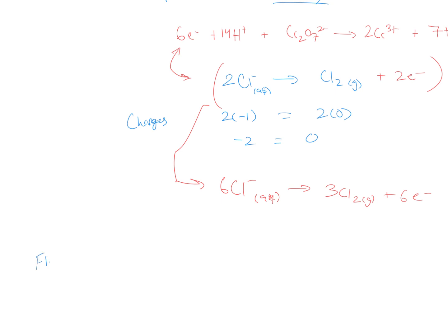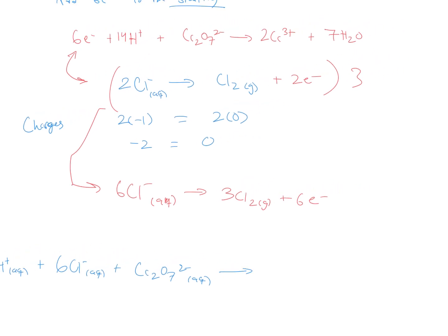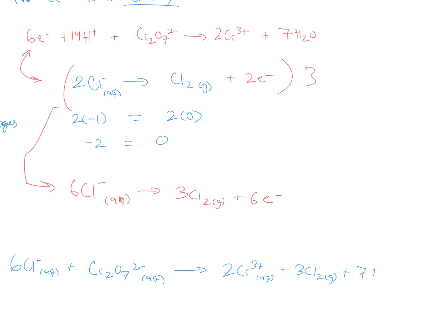And so finally, this balanced acidic reaction should be 14H+ plus 6Cl- plus Cr2O7 2- will react together to form 2Cr3+ plus 3Cl2 gas plus 7 water molecules, and that is a liquid.